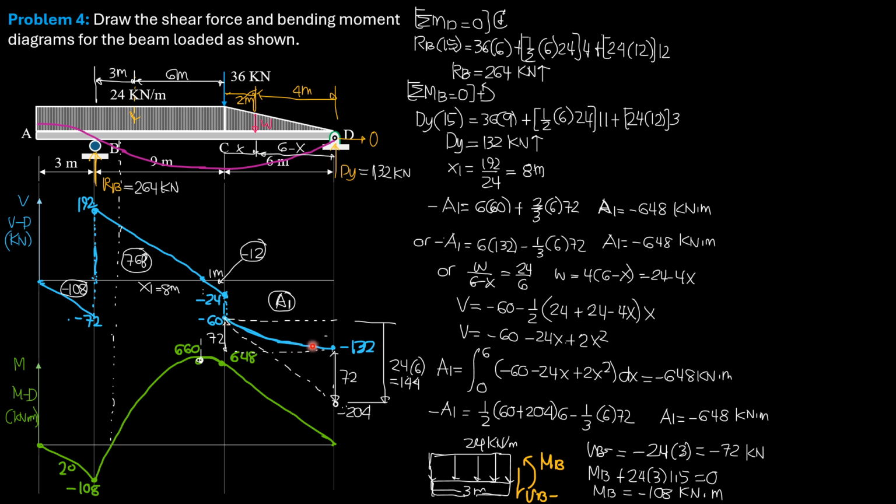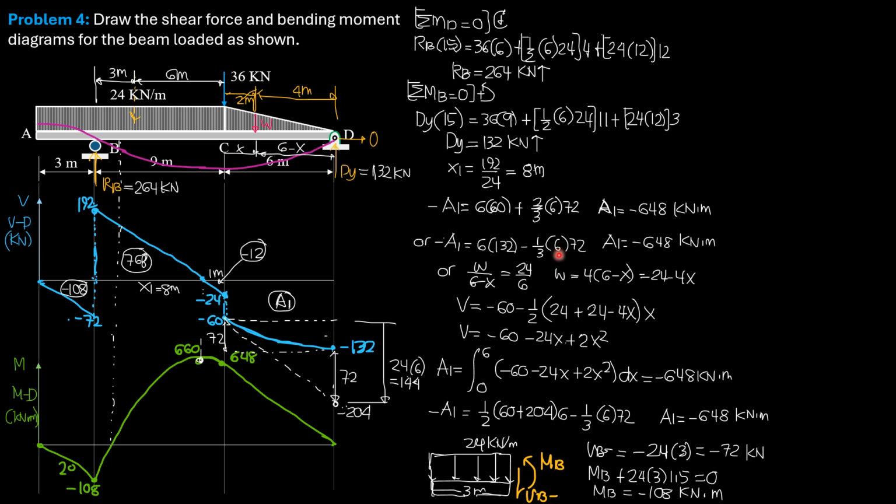And that's why if you join these two tangents, horizontal and slope negative here with a smooth curve, second degree curve because that's first degree, it should look like that. Then this is negative 132 because negative 60 minus 1/2 of 6 times 24 kilonewton per meter is negative 132. So that's the shear diagram.